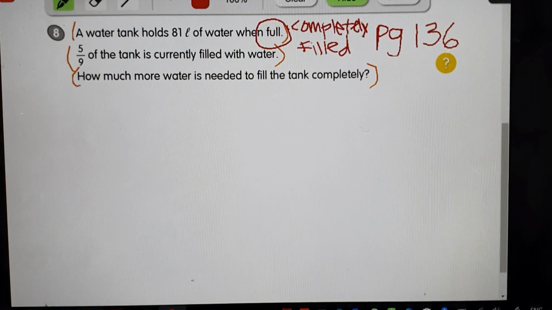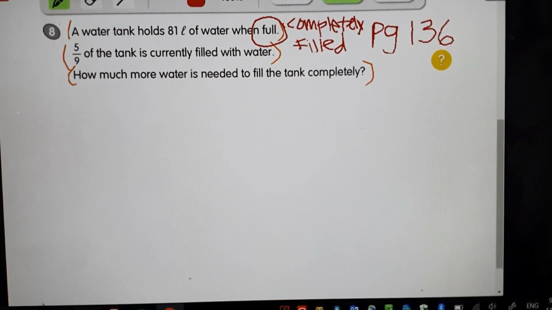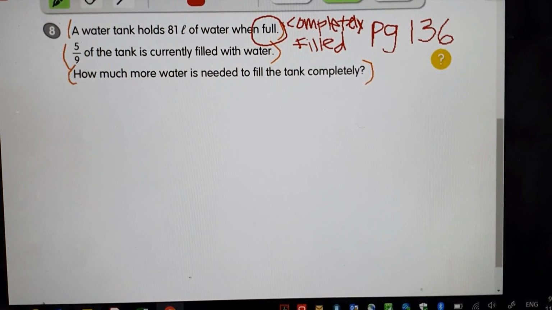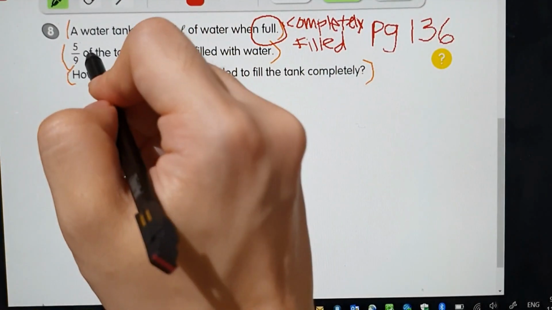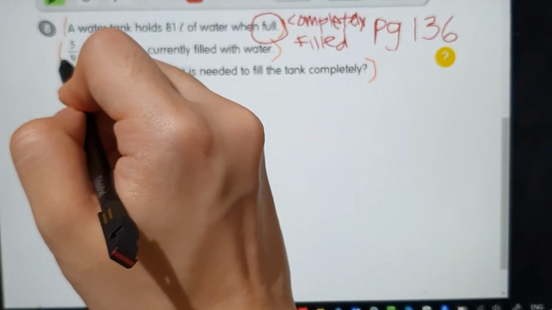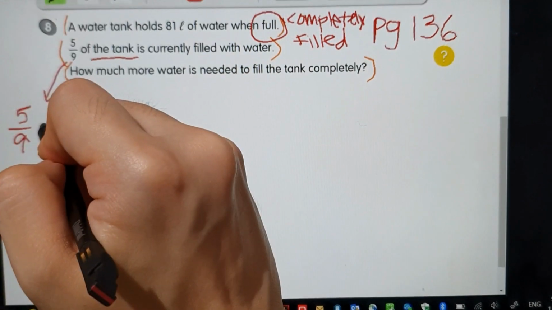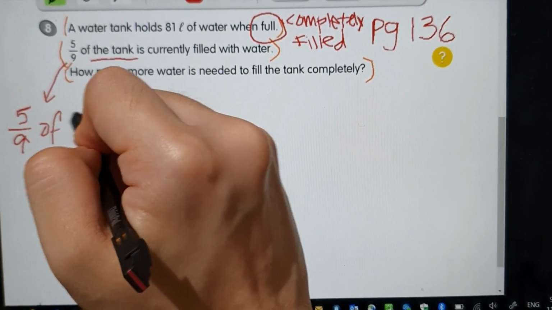The next part, 5 out of 9 of the tank is currently filled with water. So since I know that the tank is able to hold 81 liters of water when full, I know that 5 out of 9 of the tank simply means 5 out of 9 of 81.